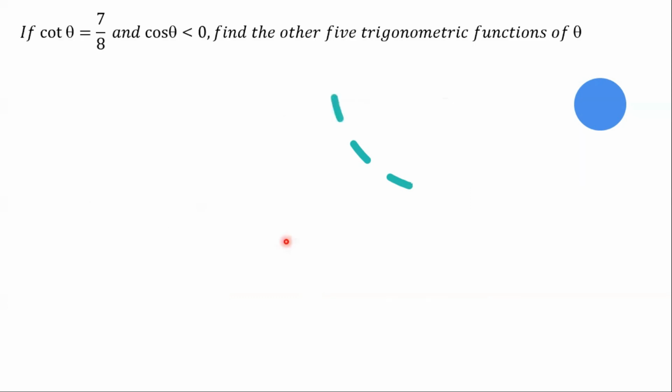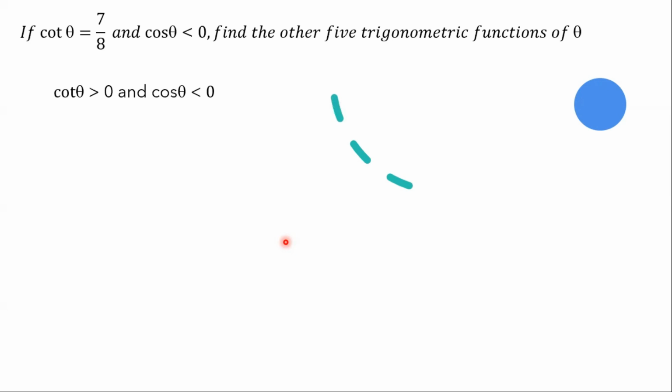Next, if cotangent theta is 7 over 8 and cosine theta is less than 0, find the other 5 trigonometric functions of theta. Let us locate first the quadrant where the terminal side of our angle lies. Cotangent is greater than 0 and cosine is less than 0.